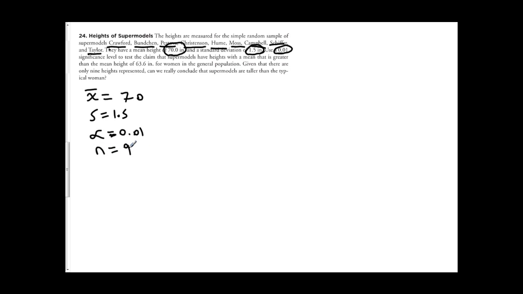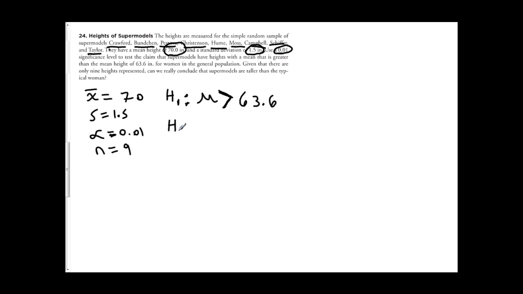Now, we also have the claim here. We're testing the claim that the mean height of supermodels is greater than the mean height of the general population of women. So our claim is that the population mean for all supermodels is greater than 63.6. Once again, this is our alternative hypothesis, which does not contain equality.